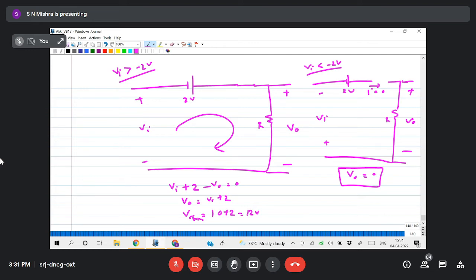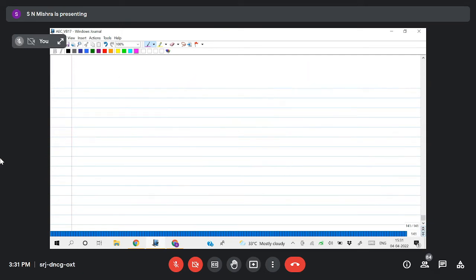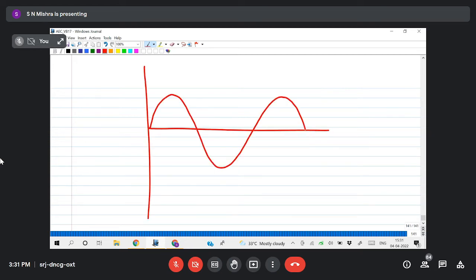Clear? Is it clear? Yes, sir. Now drawing the waveform. You see how I am drawing. Vi 0, 10, minus 10. So the -2 line will be somewhere here.